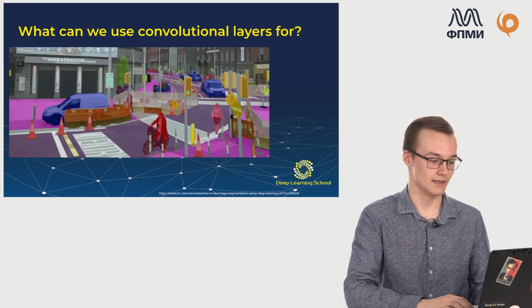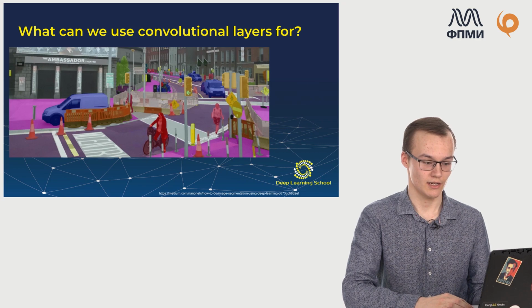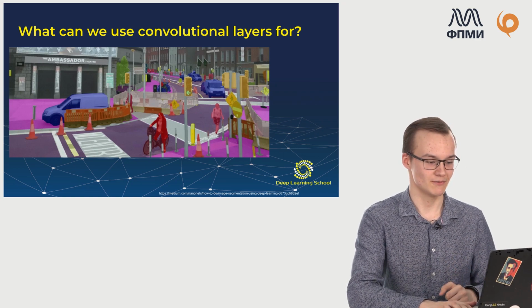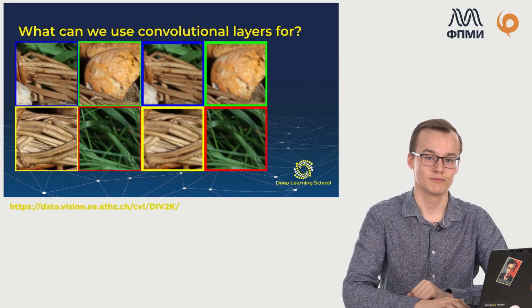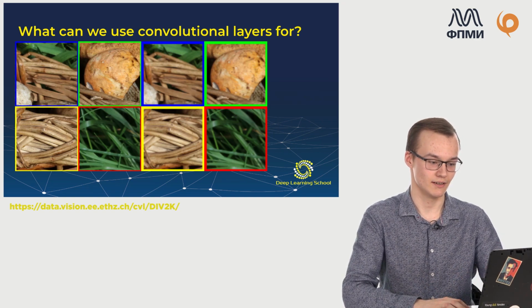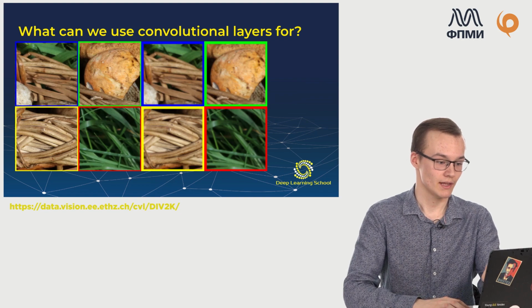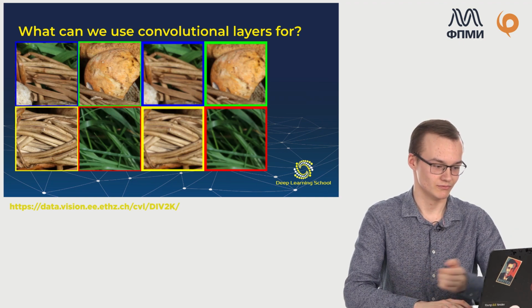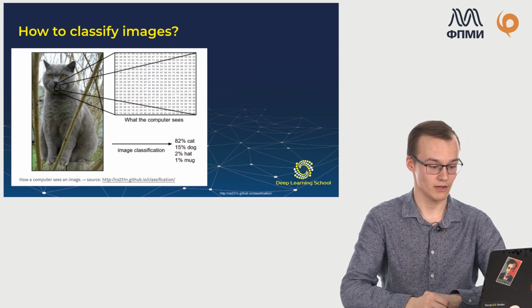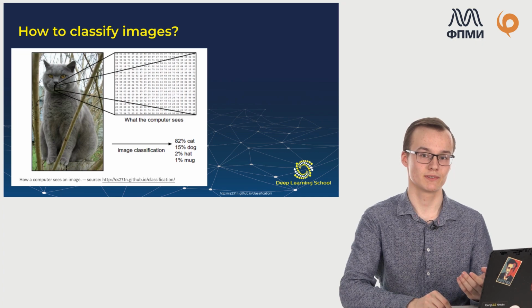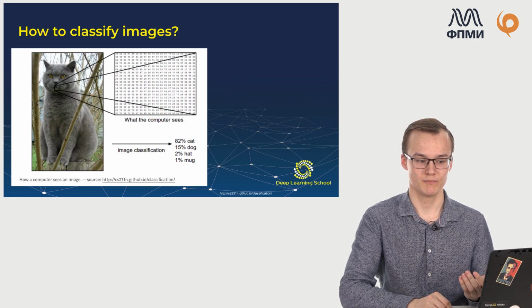On this slide, you can see how a self-driving car looks at our world, and it is all done with convolutions. Also, another really interesting application is super resolution, when we take an image which has low resolution, on the right there are 4 such images, and transform it to have higher resolution. Images are on the left. Okay, first of all, we will dive into classification, since it's the most classical and simple task.